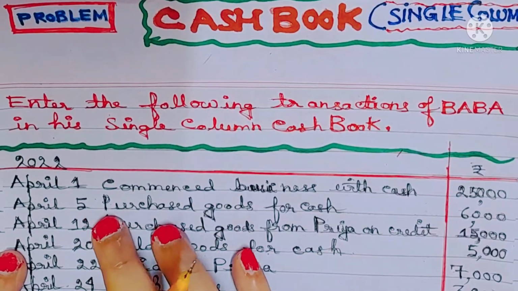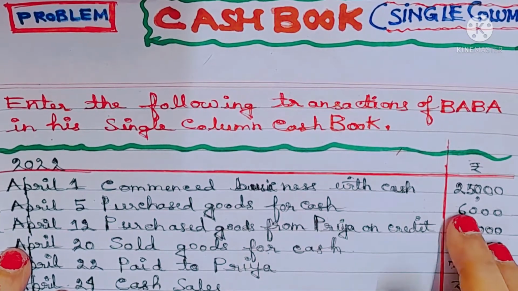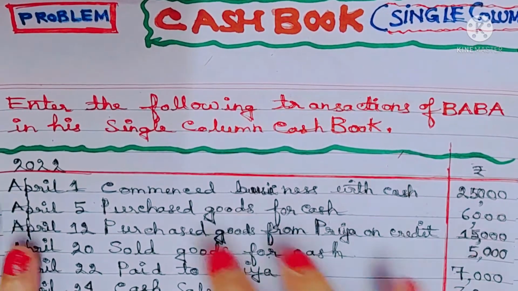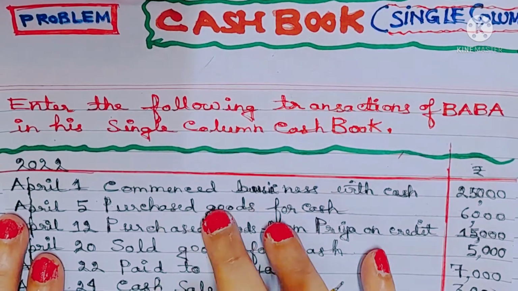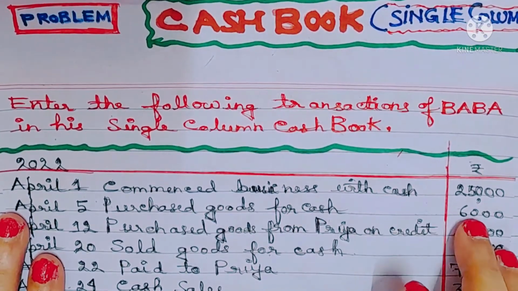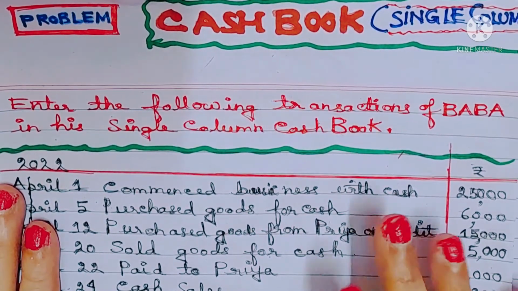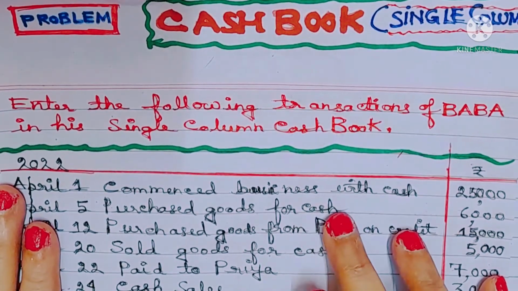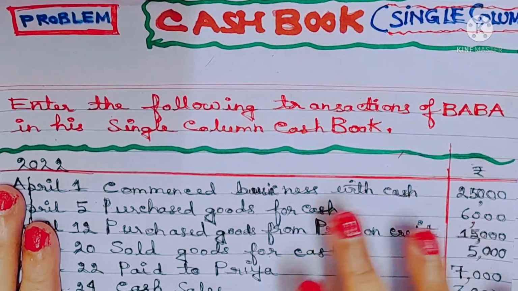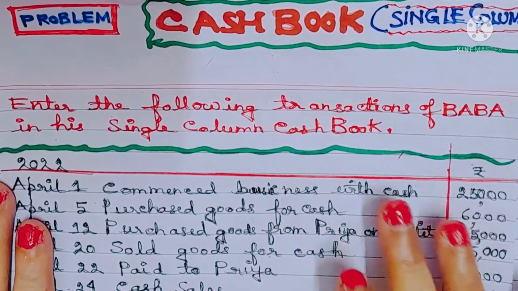Okay, so let's see the next transaction. The next transaction is on 5th April, purchase goods for cash 6,000. Ignore goods. What will be the journal entry? The journal entry will be purchases account debit to cash account 6,000. What is the position of cash? Since we are preparing cash book, cash account is on the credit side, so purchases account will be on the credit side as well.